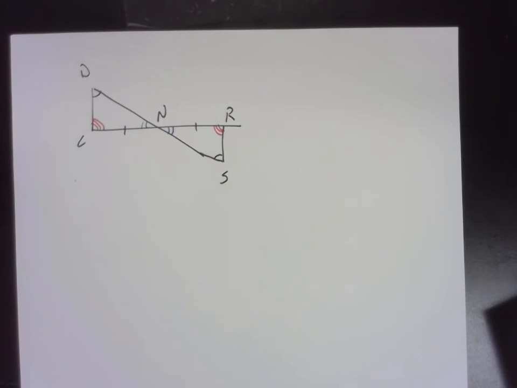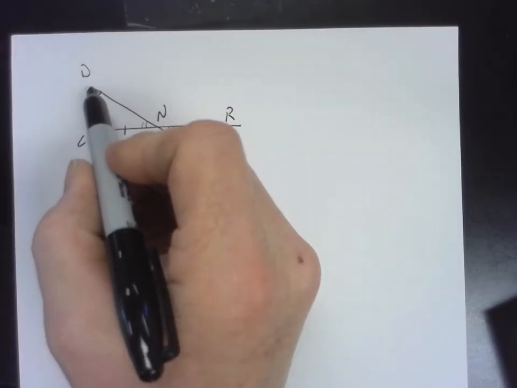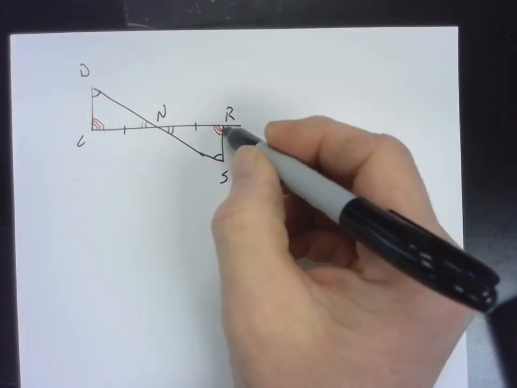They have to be. I mean, do they have to be? But I mean, how do you know that DC and RS are the same length?